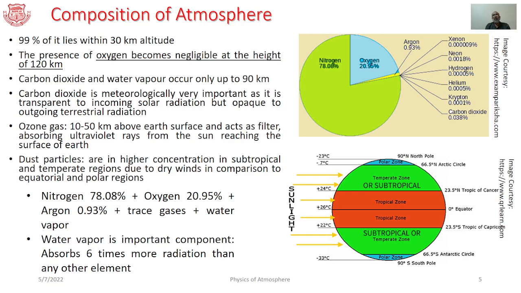Also, the presence of the oxygen becomes negligible at the height of 120 kilometers, and hence we human beings may not be interested as far as the living conditions are concerned.